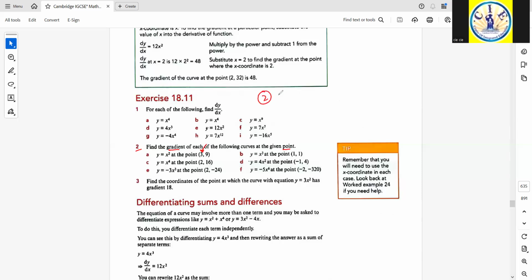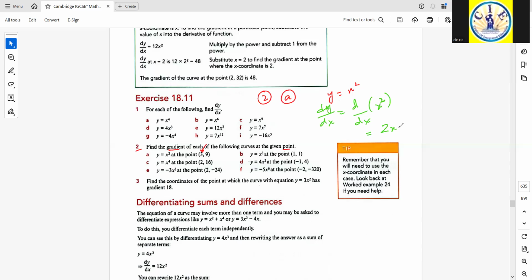So for question number 2, part A, y equals x squared, we need to differentiate it. So that will be written dy by dx is equal to d by dx of x squared, which is 2x raised to power 2 minus 1, which will directly be written 2x.